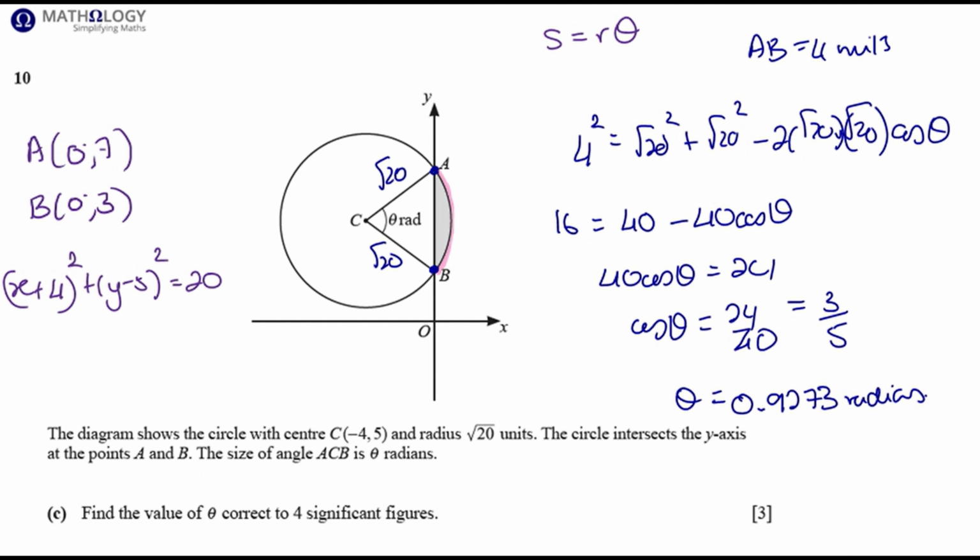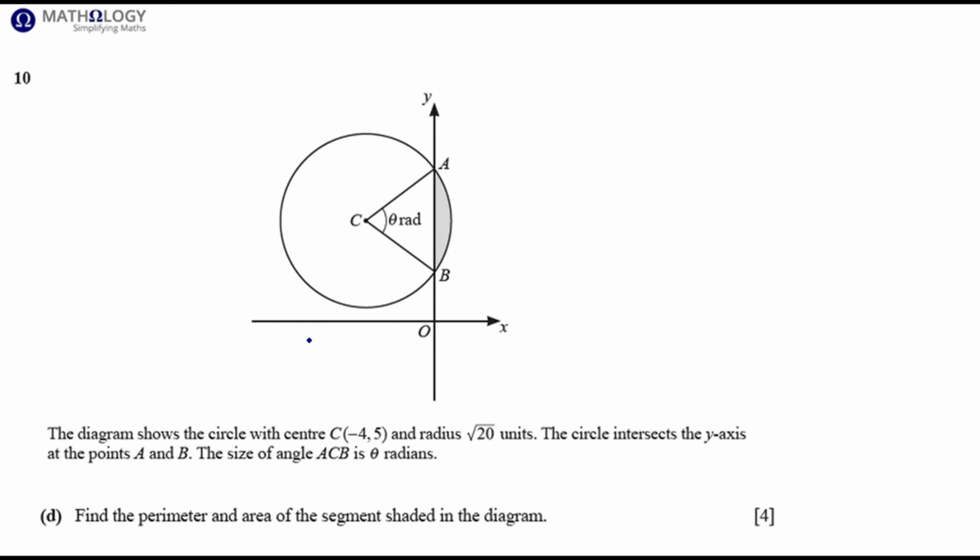Next, we're required to find the perimeter and the area of the segment shaded in the diagram. So starting with the perimeter of the shaded segment, it will be arc length AB plus the length of line segment AB.